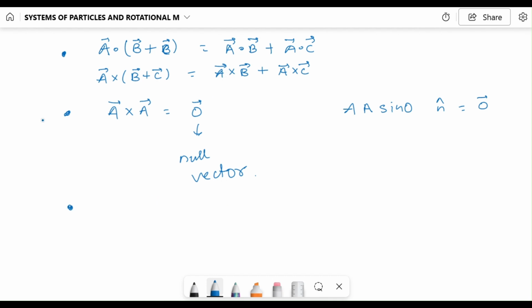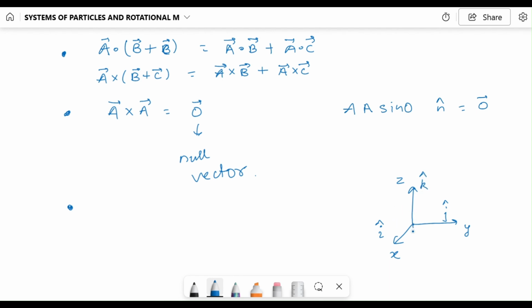Now let us study the cross product of unit vectors in the Cartesian coordinate system. So we know that we have three coordinate axes. This is x, this is y, this is z, and we choose i cap unit vector along x, j cap unit vector along y, and k cap unit vector along z.